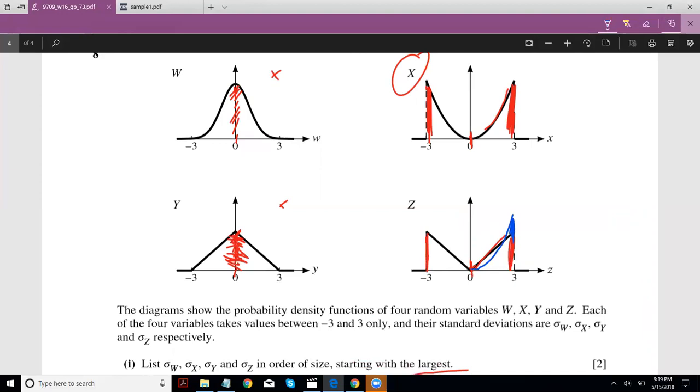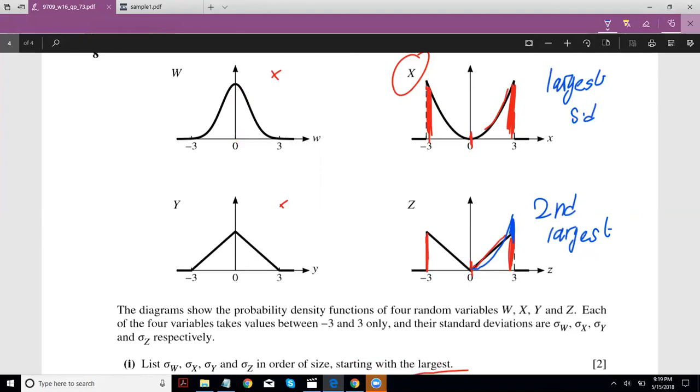If there's more area, more probability at the extreme points, then there's a larger standard deviation. So this has the largest standard deviation, and this is your second largest, because of that logic. You're looking for a high amount of area towards the edges, towards the extremes of the density function.